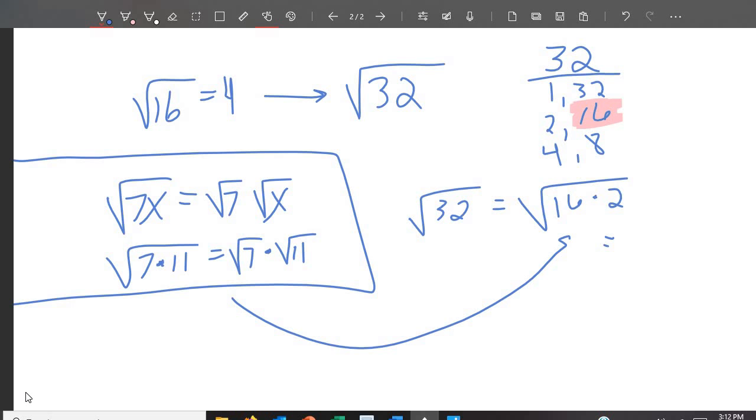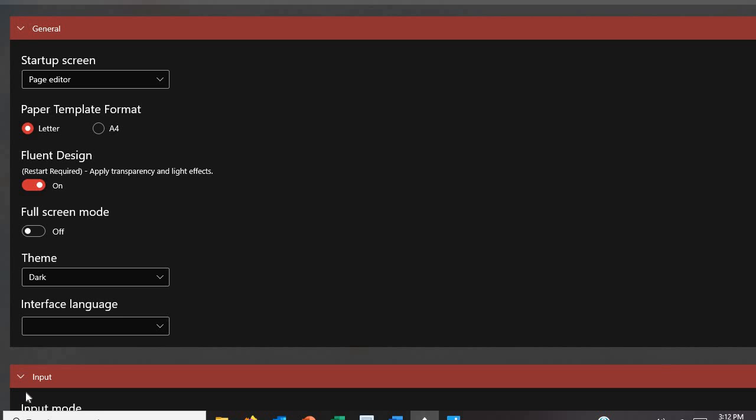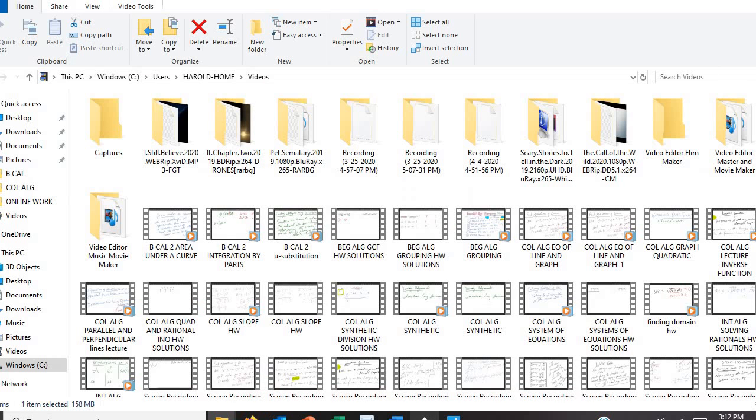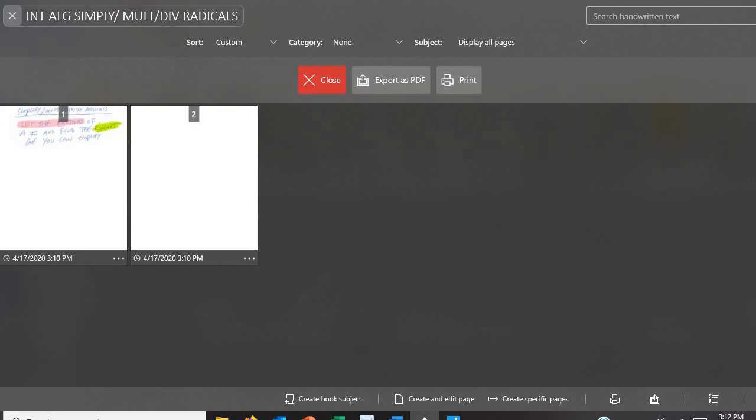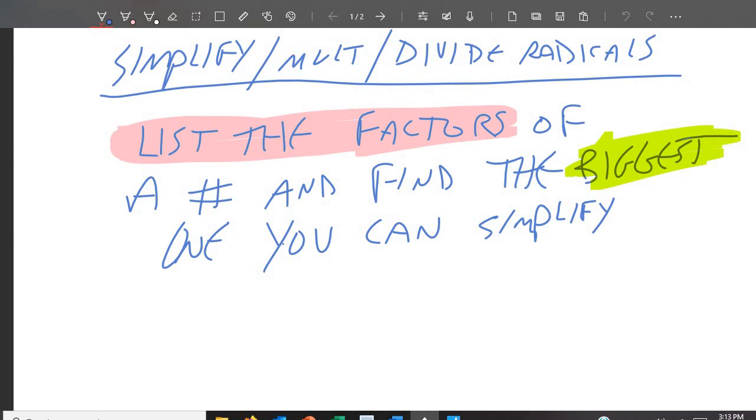Which means we can take the square root of 16 separate from the square root of 2. And look what happens. Square root of 16, we know, is 4. I can't take the square root of 2, so we have to leave it under the square root symbol.